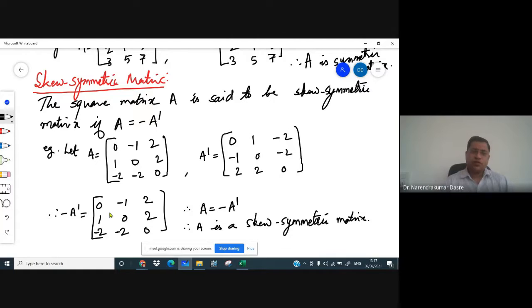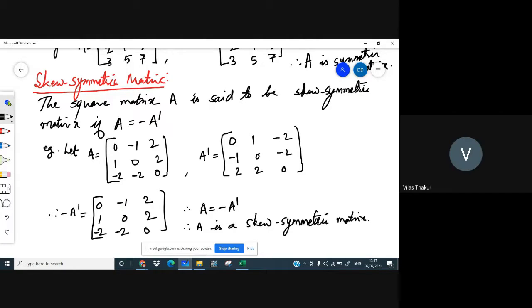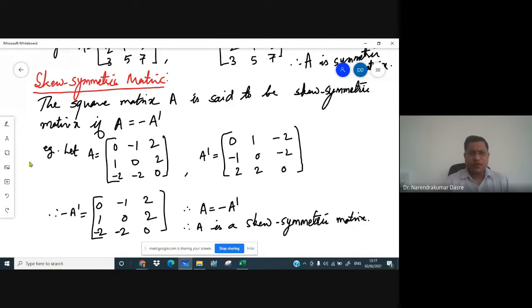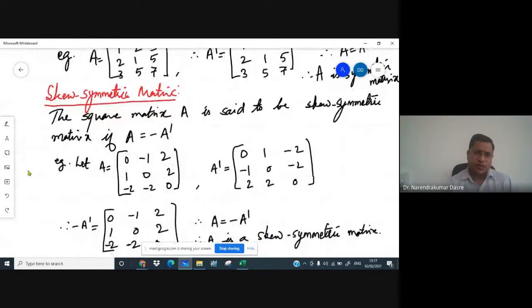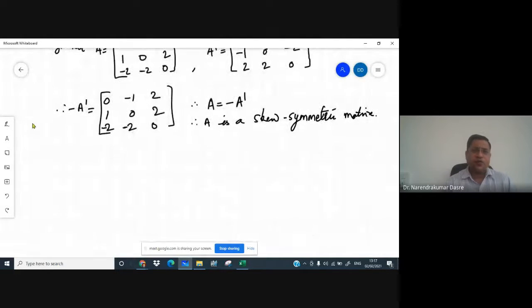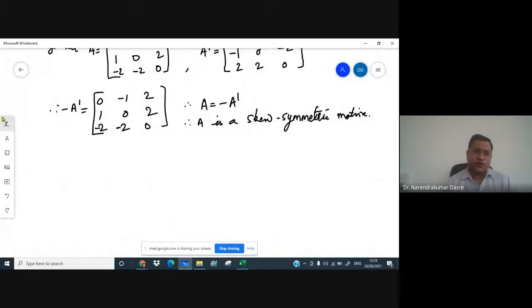Now, once we have the symmetric matrix and the skew symmetric matrix, then we have one more property associated with matrices, precisely in case of square matrices. So we define a singular matrix. Let us consider what is going to be a singular matrix.